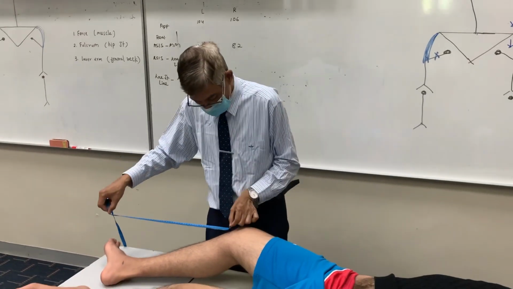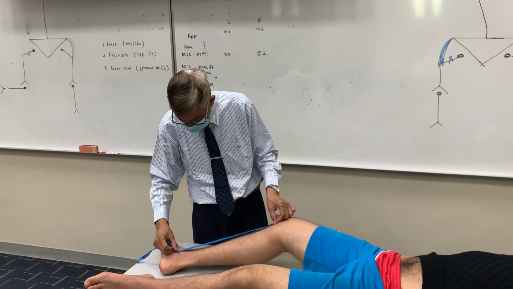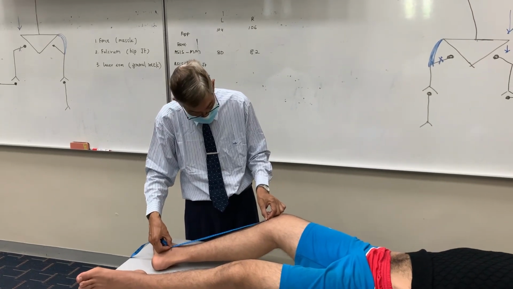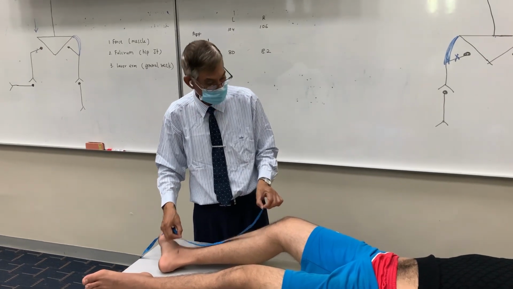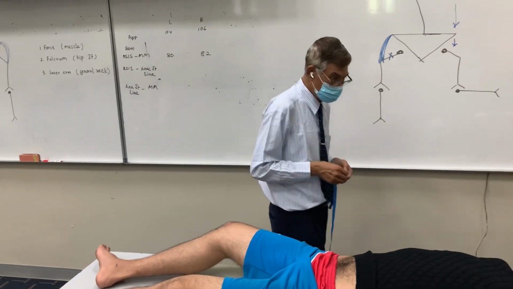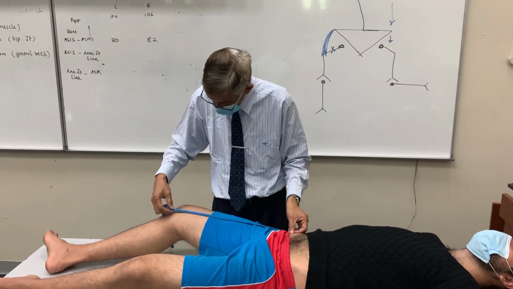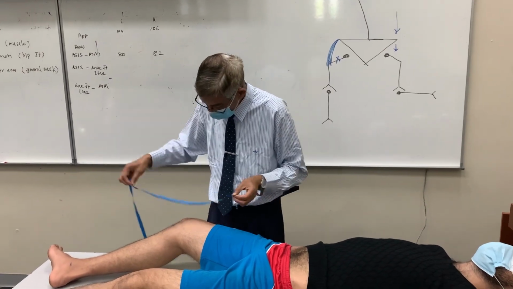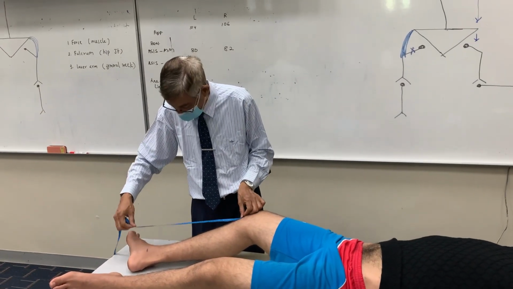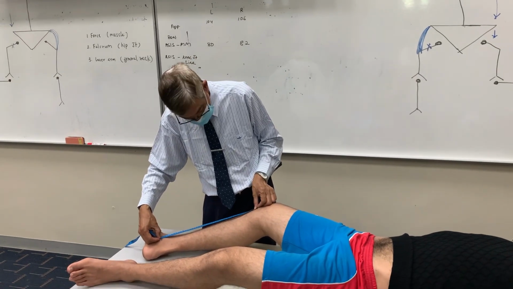Then the knee joint line to the medial malleolus is, for example, 42. So on the normal side: ASIS to knee joint line 52, knee joint line to medial malleolus 42.